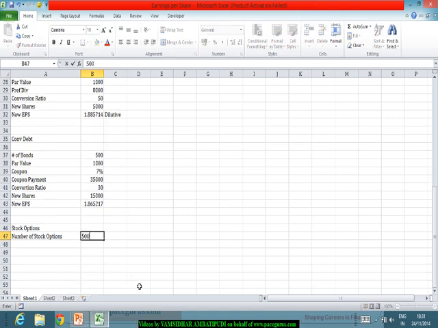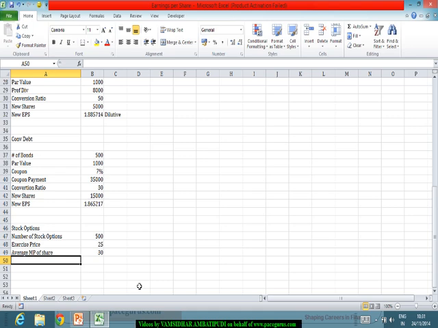The conversion price, or the exercise price, the price at which a share can be purchased, let's say it's around 25 bucks, but the average market price of the share during this year, let me take it as 30 bucks.